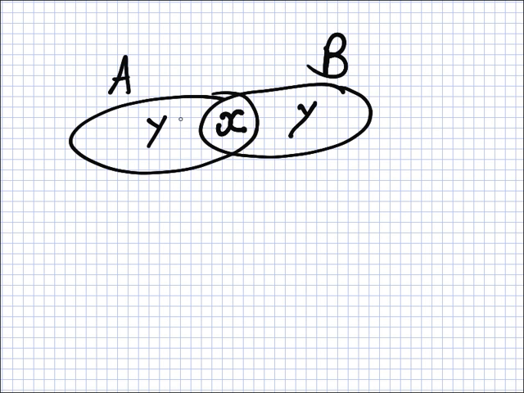Yeah. Because the probability of A will be X plus Y, and probability of B will be X plus Y. And I told you at the very first thing, the probability of event A is the same as the probability of event B.